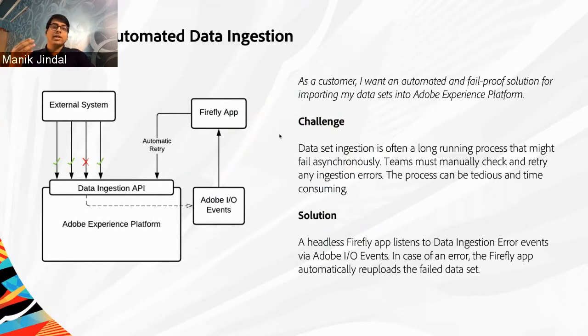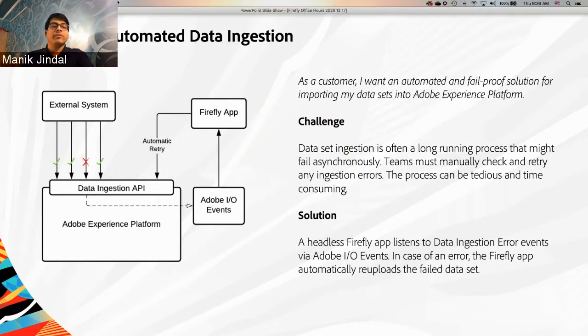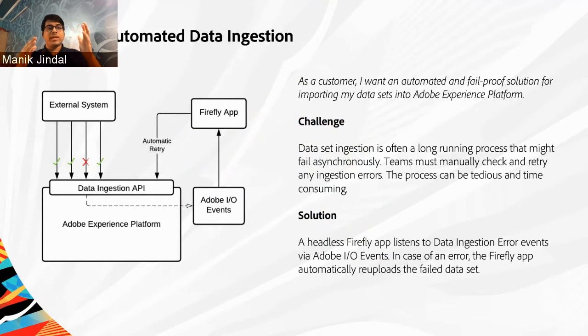Based on that event, they were able to programmatically react to that failure by retrying the data set in question. They had identified a few cases where they could fix the data set ingestion in a certain way and automatically retry it. This way, they not only saved time between a developer coming to know that the ingestion had failed, but they also automated the process and made it less tedious, all in all.